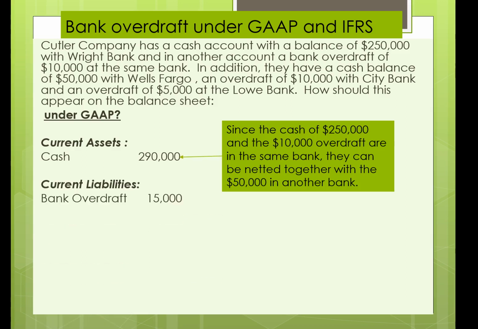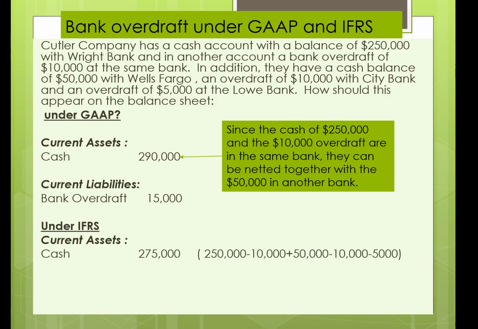Now, liability would be the overdrafts in the other two banks because they can't be netted against the $290 under GAAP. Now, under the international standard, you just net everything together. So it would be the $250 minus the 10 plus the 50 minus the 10 minus the 5. That's the difference between the GAAP and the international standard. Current liabilities would be none under the international standard.